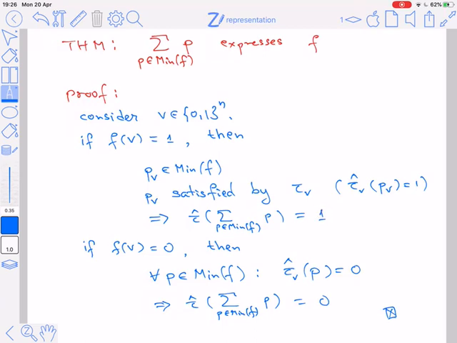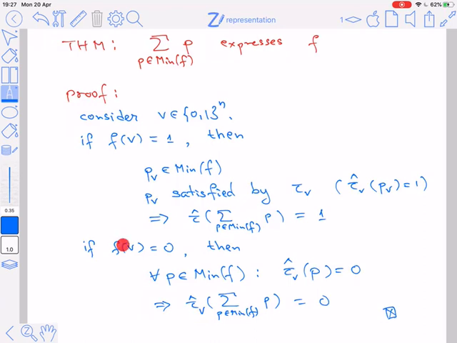Now we want to show that if f of v is 0, then the evaluation, this should be a v here, let me make a small correction, the evaluation of this formula with respect to the truth assignment tau of v will give us a 0.